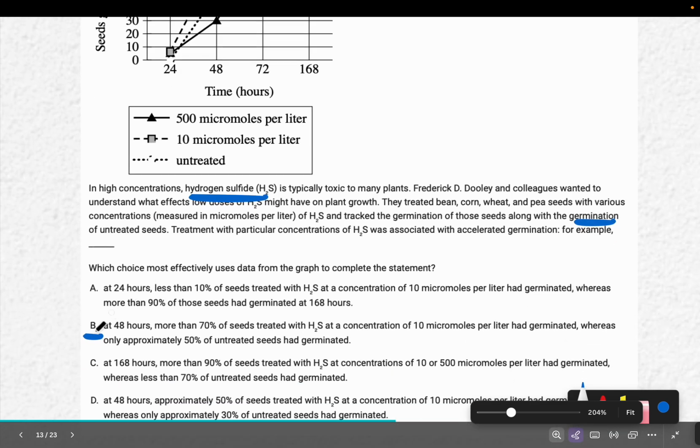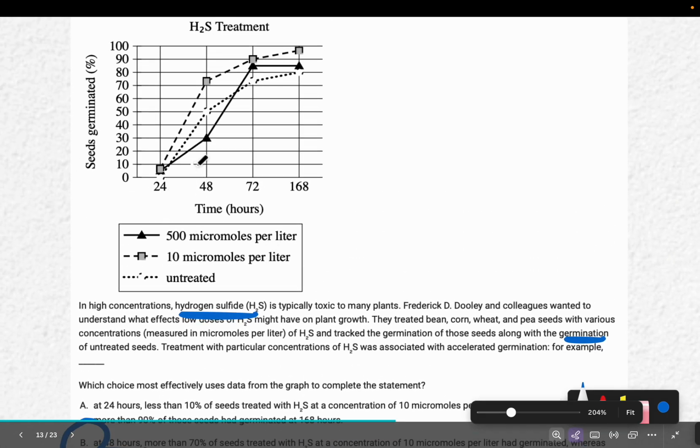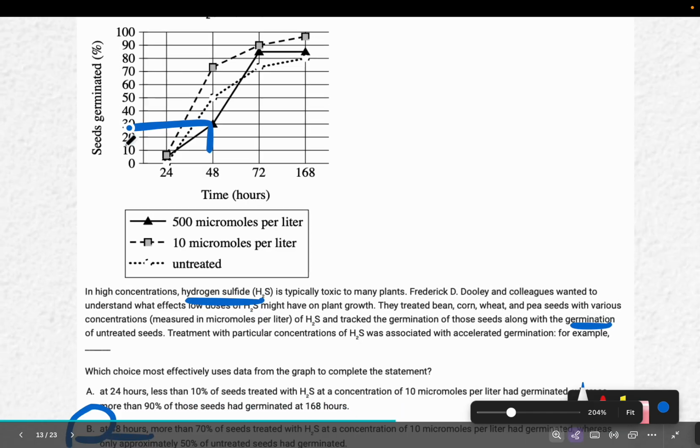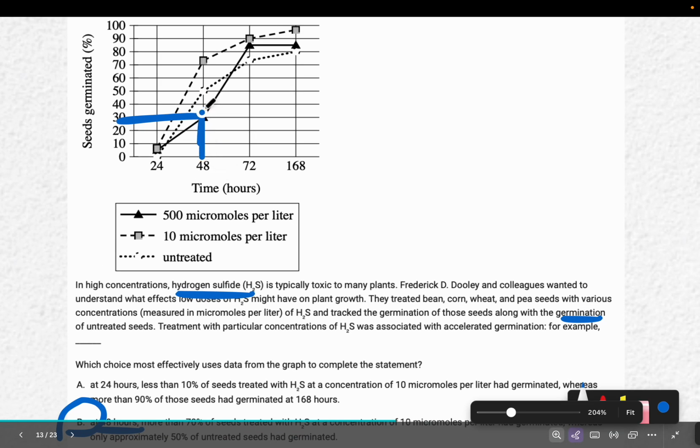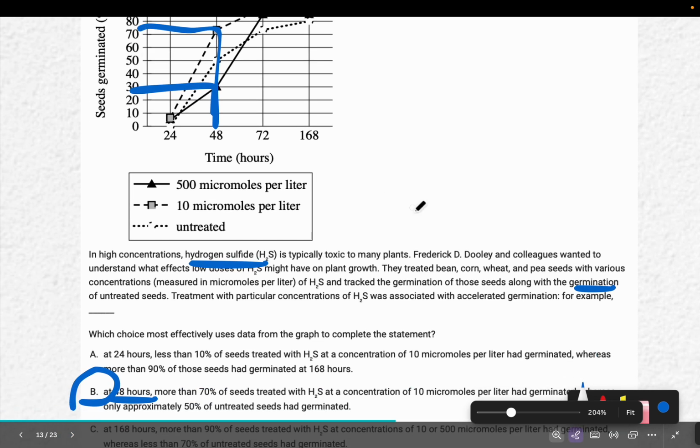At 48 hours, more than 70% of seeds treated with hydrogen sulfide at a concentration of 10 micromoles per liter had germinated.